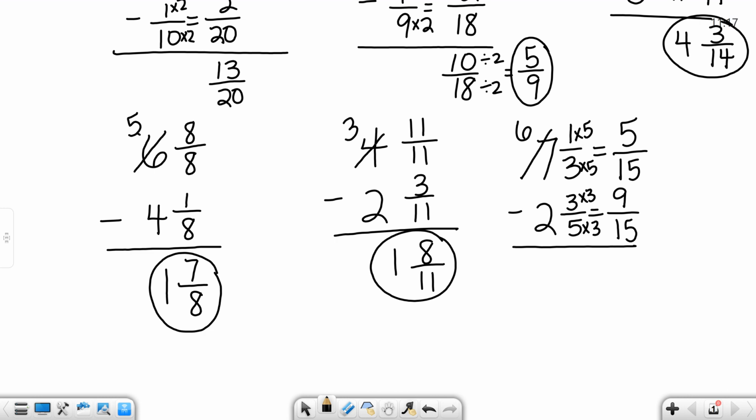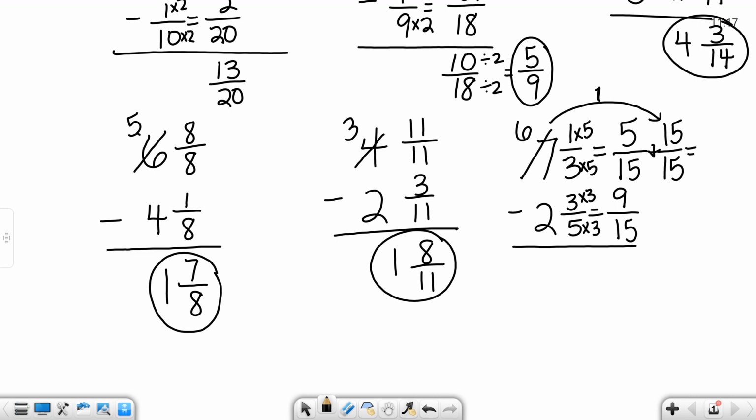Since our denominator is 15, it makes sense to write that 1 that we took away as 15/15. That's 1. All right, so now we're going to add that to the 5/15 we already had.